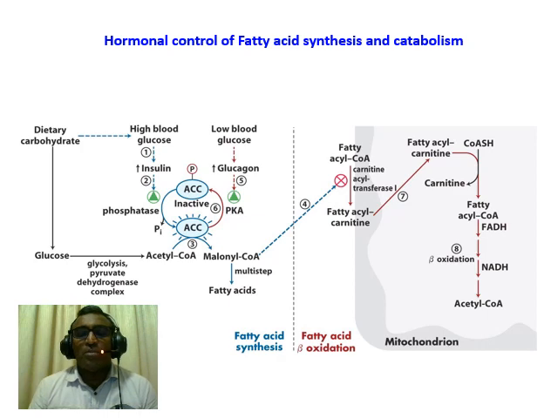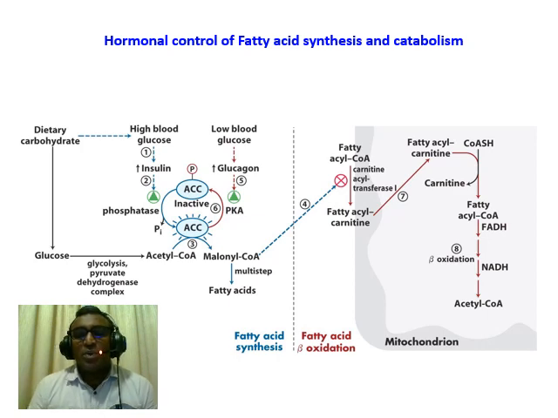ACC now becomes deactivated. Therefore, since in the initial stage there's so little glucose, through glycolysis there will be less acetyl-CoA formed, and in turn, since the ACC is deactivated, less malonyl CoA will be made.